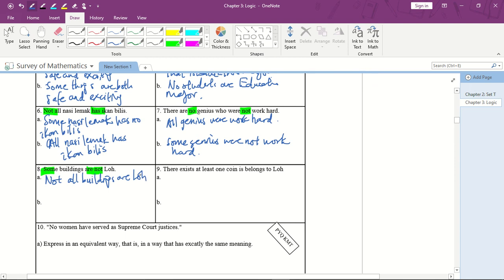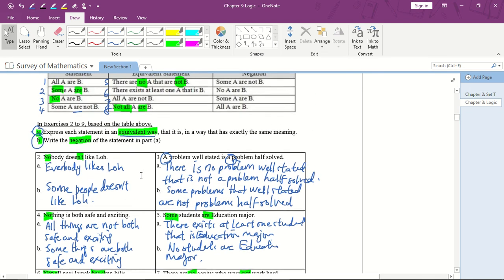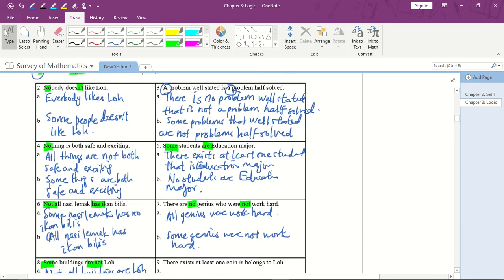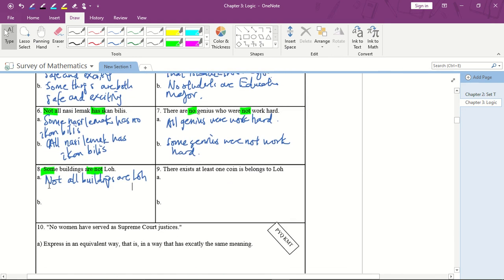Okay? And of course the negation is on the right side. It will be all A are B, which means that all buildings are law. Teacher law are kind of rich only for these questions, huh? All buildings are law. Okay.